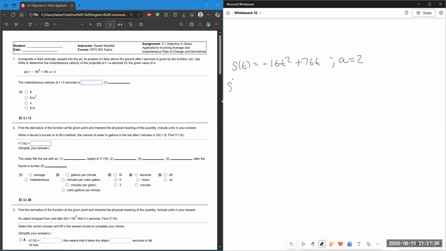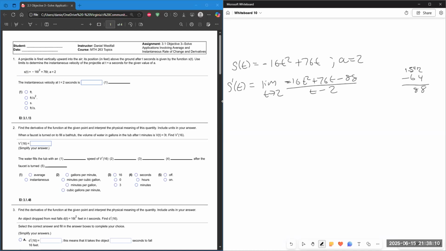So s prime of 2 is going to be the limit as t approaches 2 of negative 16t squared plus 76t, and then negative 64 plus 152, that's 88, divided by t minus 2.